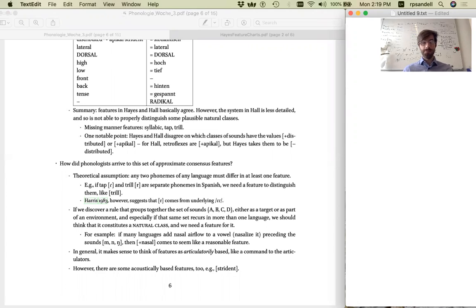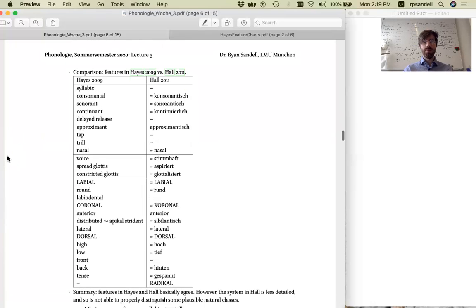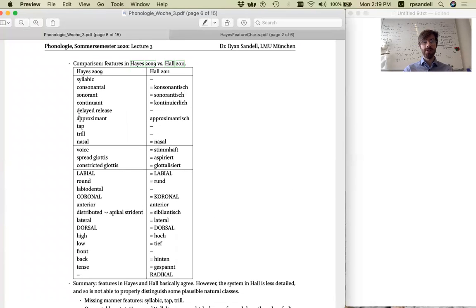So for instance, most varieties of Spanish distinguish between a tap, ra, and a trill, a rhotic trill, ra. This would mean that we need some kind of feature to distinguish between them within the context of the Spanish phonological system.